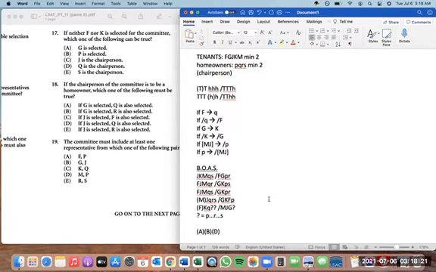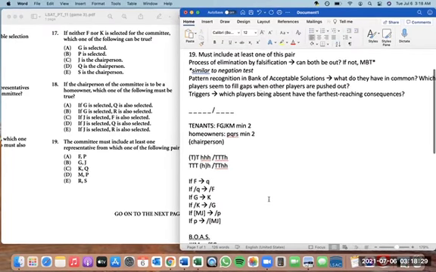Something else I would note is that even if you were starting from scratch and looking for triggers, meaning the absent players with the farthest-reaching consequences, F being out is a consequence, not a trigger.